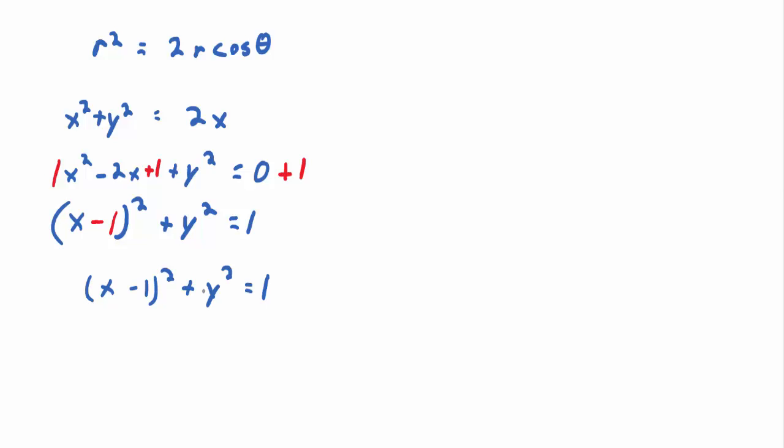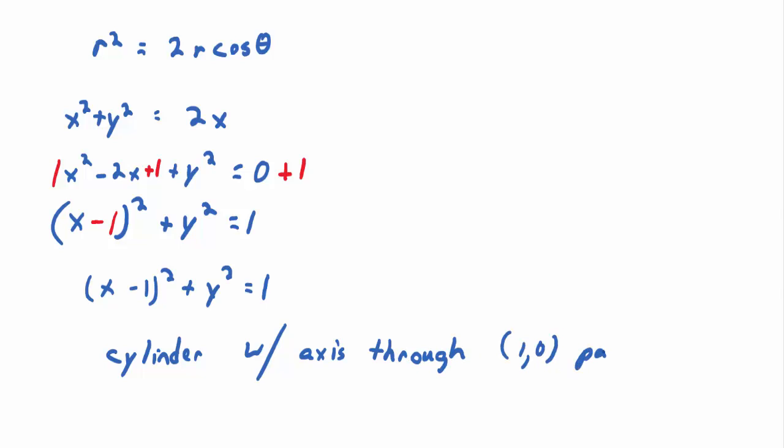A cylinder. And it will be a right circular cylinder. So this is a cylinder with axis through 1, 0, parallel to the z-axis.